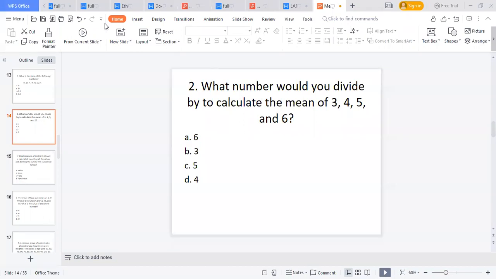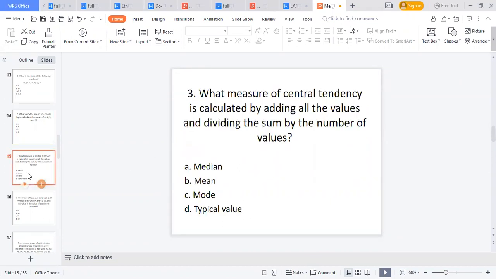Here's another one. What number would you divide by to calculate the mean of 3, 4, 5, and 6? So the answer there is D. It's so simple. I wouldn't even take more time there. What measure of central tendency is calculated by adding all the values and dividing the sum by the number of values?